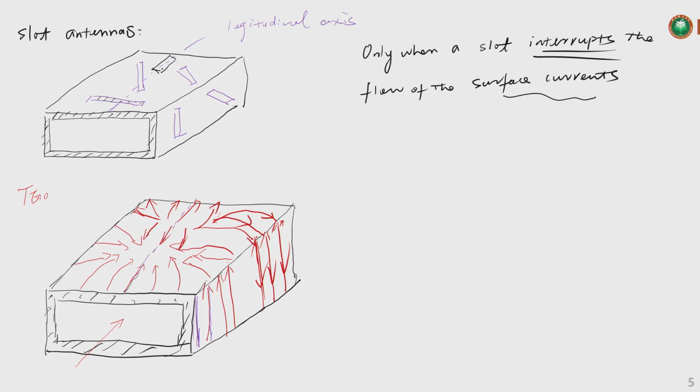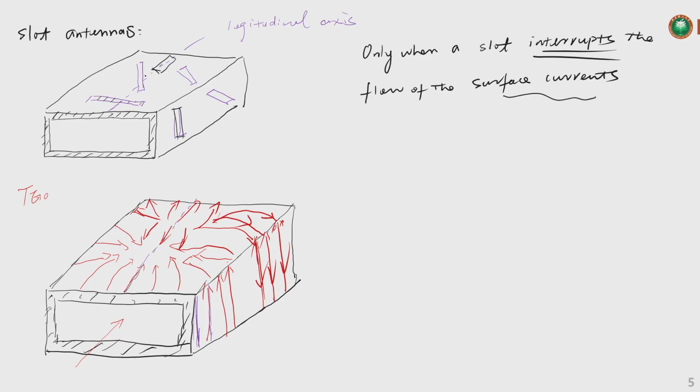For example, if we have a slot here along this direction, it allows the current to flow. So that means there will be no EM wave radiated out from this slot. And the same thing is true for this slot, because it's also parallel to the surface current. So we can conclude that there's no interruption.